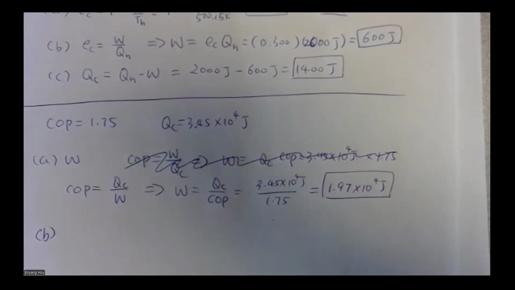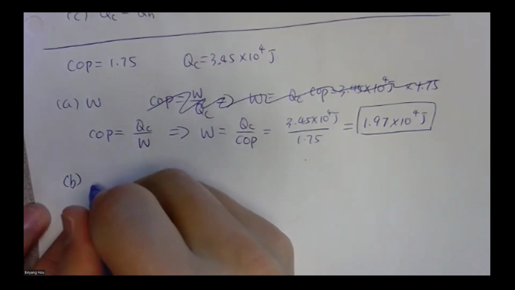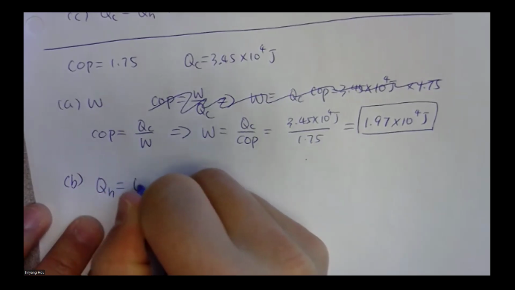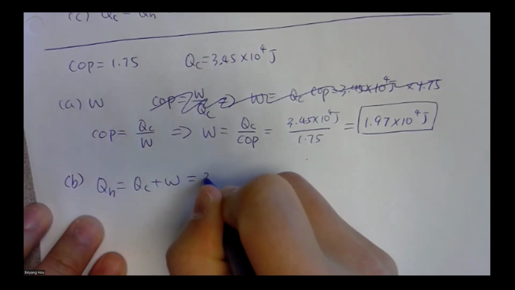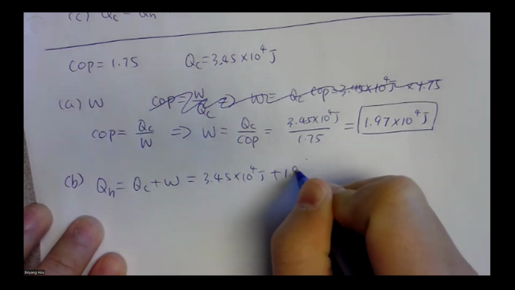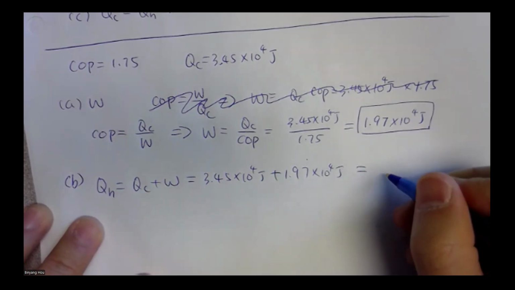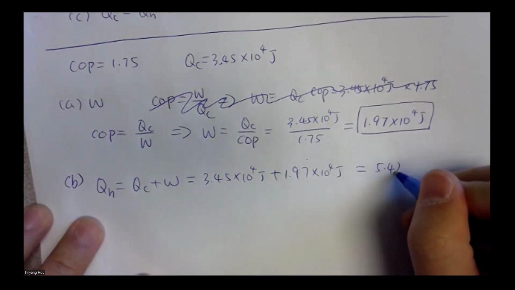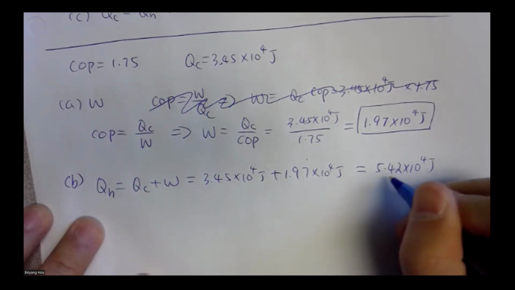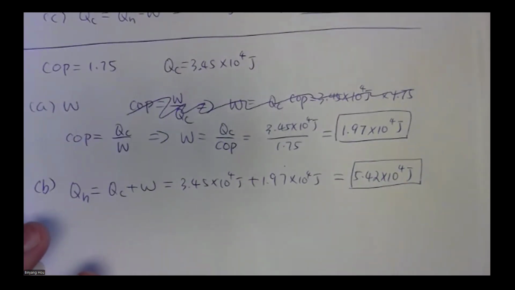And for the heat it will discard to the higher reservoir, that will be QC plus W, 3.45 times 10 to the fourth plus 1.97 times 10 to the fourth joules. So that gives you 5.42 times 10 to the fourth joules of the total heat that will be discarded to the environment.